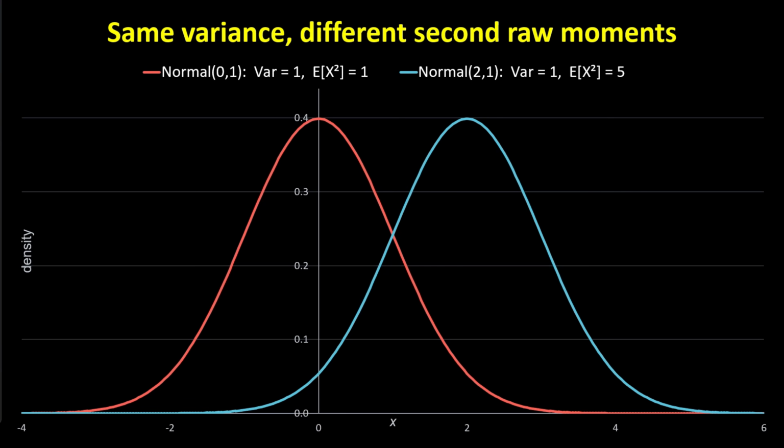And only after we would say that, oh, these two distributions have the same spread, would we mention probably the fact that the blue one is just shifted 2 units to the right relative to the red distribution. Both raw moments and central moments will have their uses, so we just need to learn what it is that each tells us.